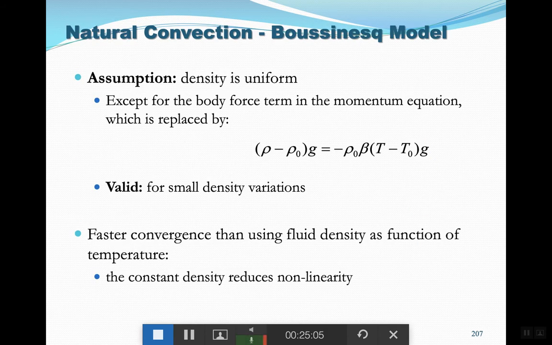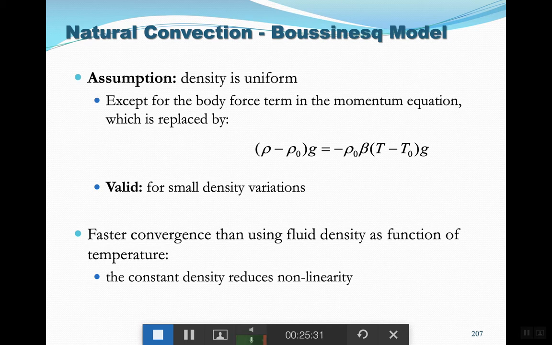So now we have to also talk about something called the Boussinesq model. This Boussinesq model is related to natural convection. And we are explaining this because, generally speaking, calculating natural convection, especially in simulation, is a bit difficult.